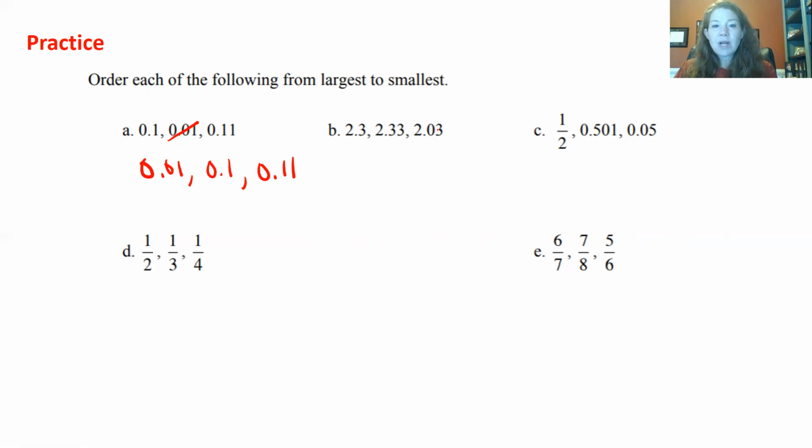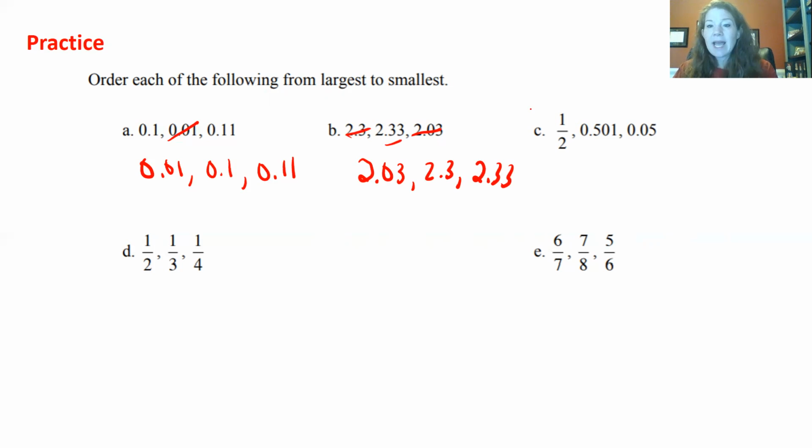Letter B, $2.03 versus $2.30 versus $2.33. When it's money, I know about money. If I can turn math into money, then I understand that. So this is the smallest. $2.30 is next, and the biggest is $2.33.